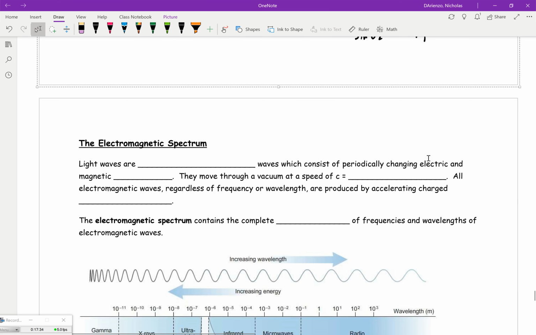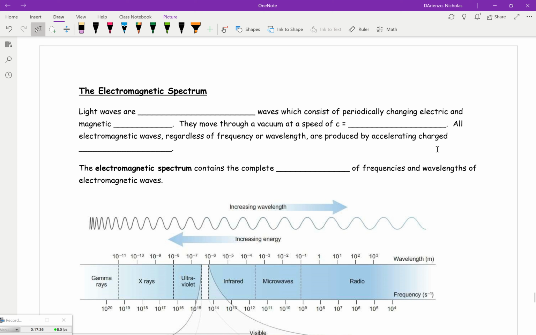Now, the last thing I'm going to touch base on here is the electromagnetic spectrum, which I'm just going to touch base on briefly because we've all had a fair amount of experience with this before.